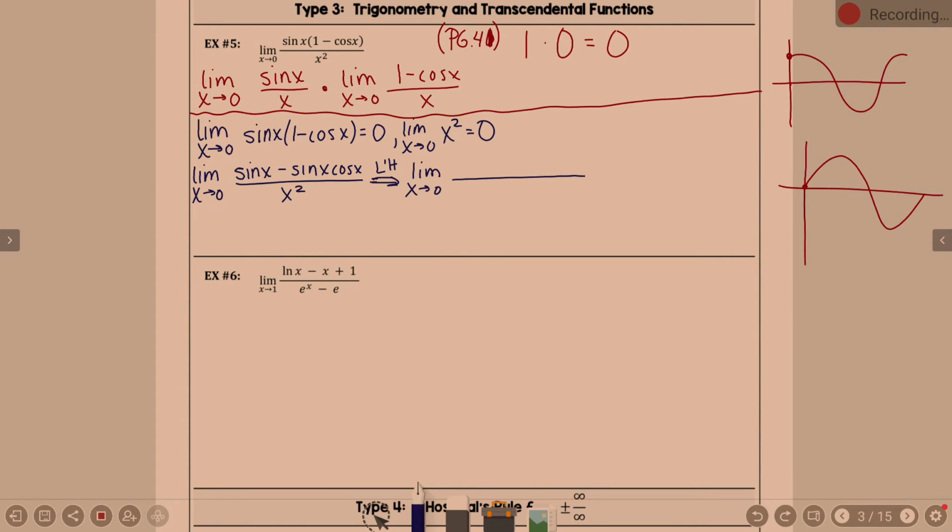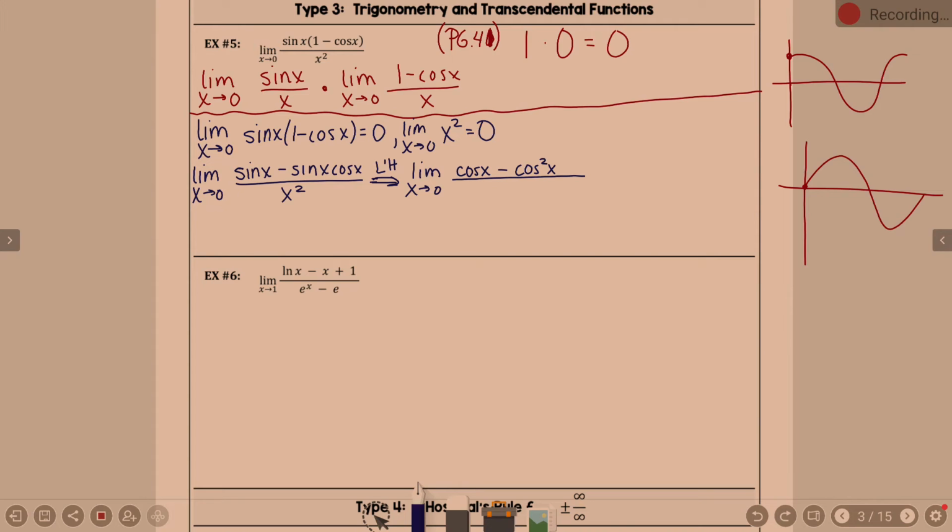Derivative of sine x is cosine x, right? Minus, now we've got a product rule happening. So the derivative of sine x is cosine x times the cosine x that's already there. So I'm going to say minus cosine squared x.